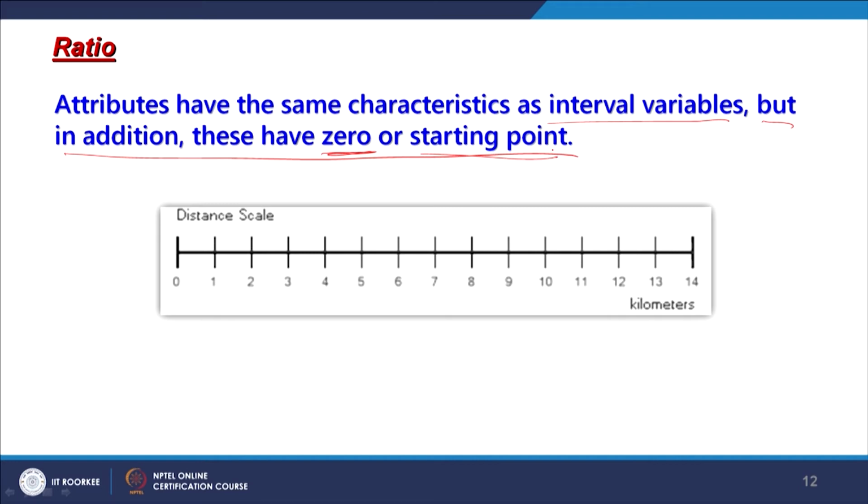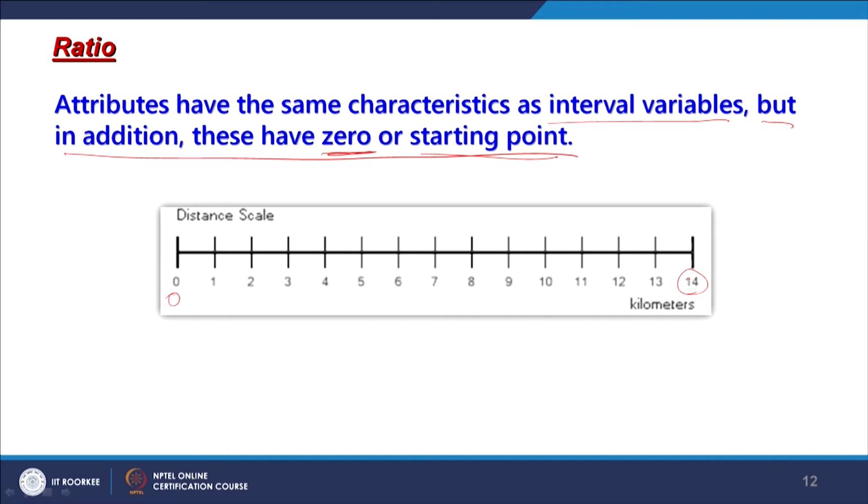In ratio, the attributes have the same characteristics as interval variables, but in addition these have 0 or starting point. Like in maps we put a scale bar, this is that example. Generally when a scale bar is put, we put the 0 and also 14, and scale is a ratio.